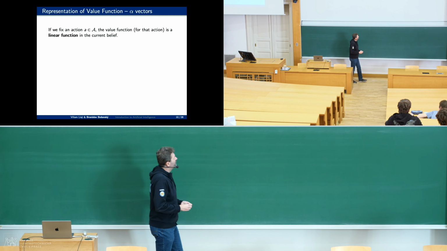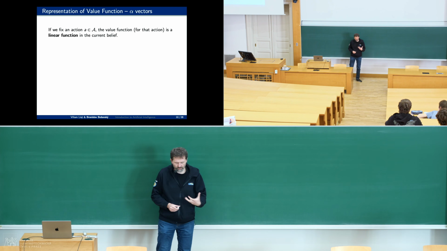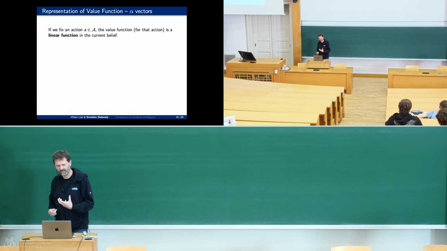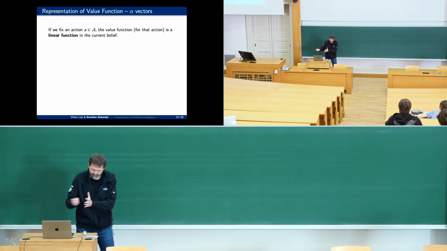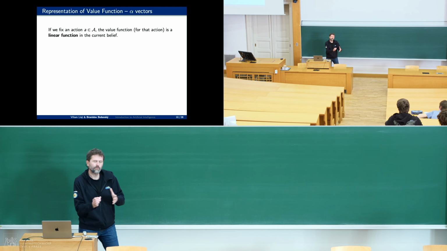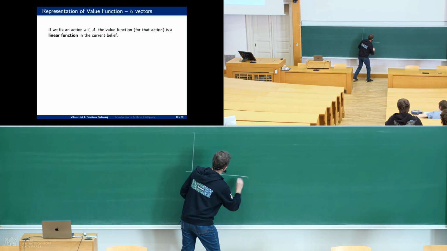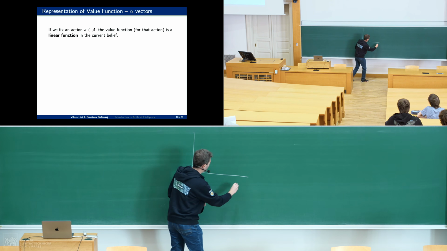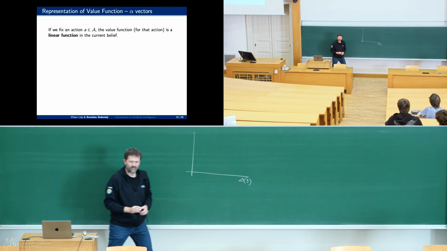Well, as I mentioned, the reward for each action in each belief point is basically an expected reward. We are computing the expected reward based on the probabilities with which we are in some particular state. So for simplicity, let's assume that we have these two states, and this would be our simplex.